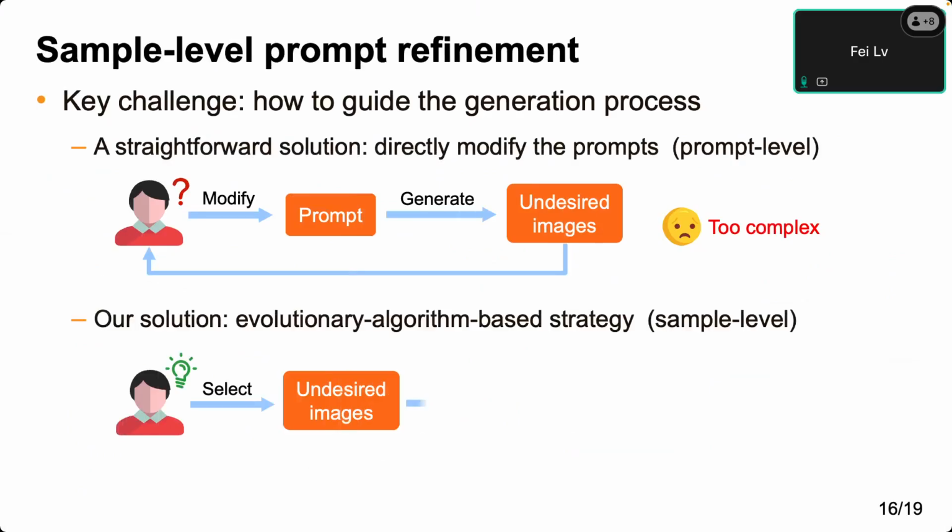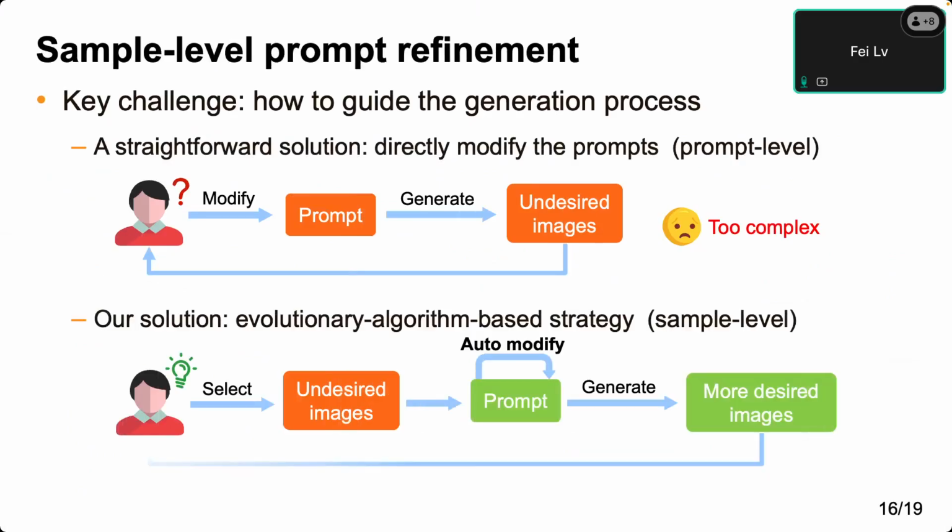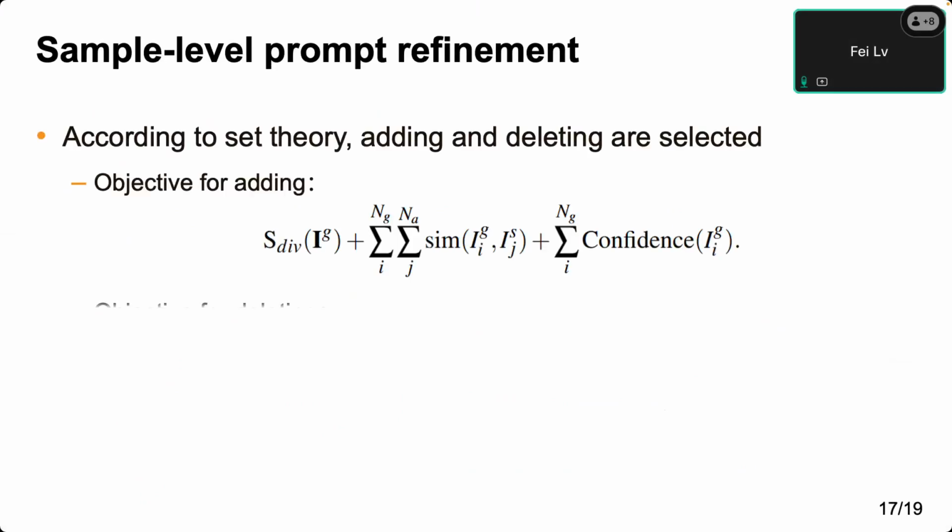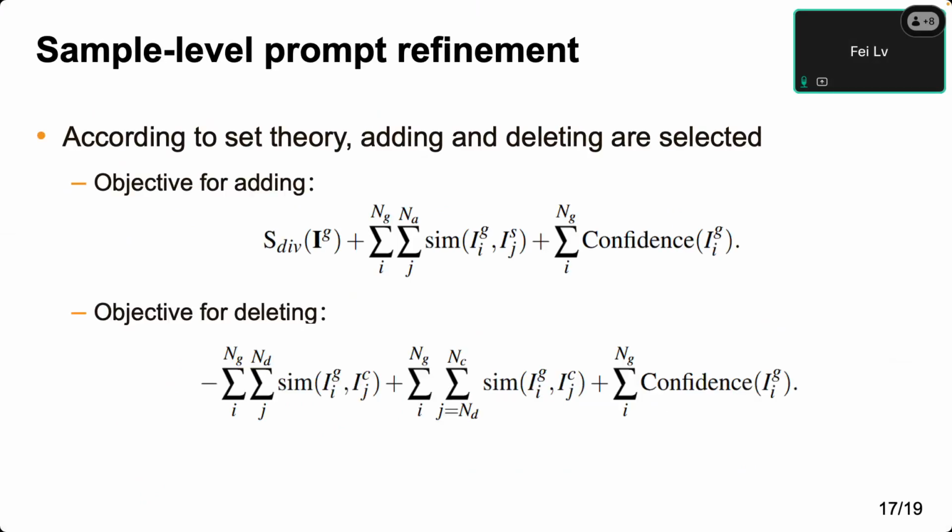We use an evolutionary algorithm-based strategy to automatically modify the prompts, so users only need to see the images. According to the theory, we have identified two types of operations for users, add and delete, and we designed two objectives for them.